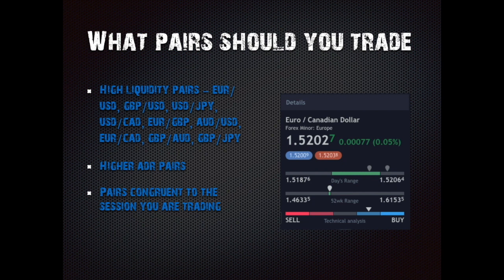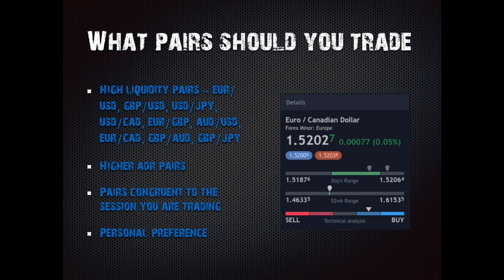If you're trading the US session, then you obviously want pairs that are moving during that session, which is USD pairs and CAD pairs. So it's very important that when you are trading any specific session, you pick the pairs that actually are moving within that session.